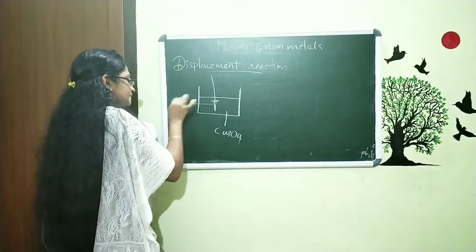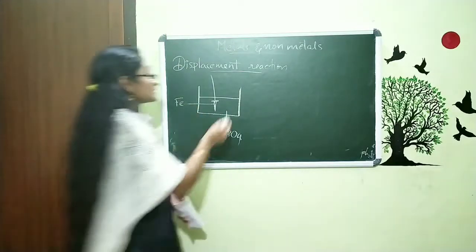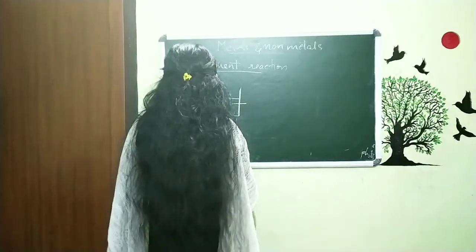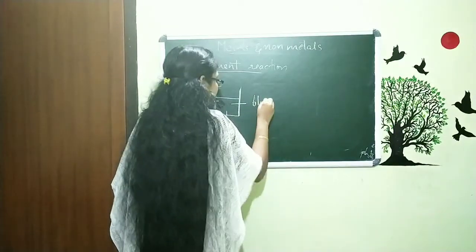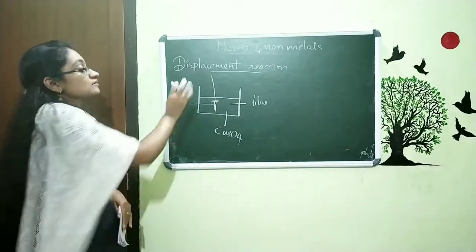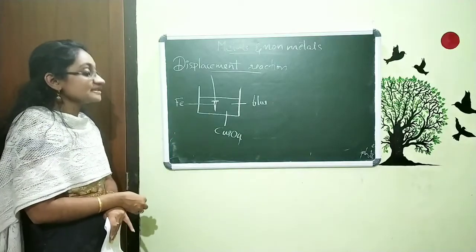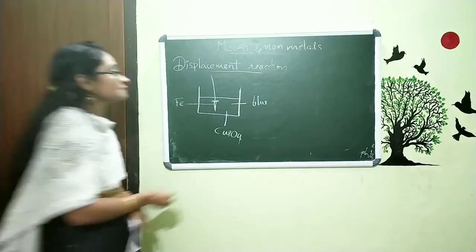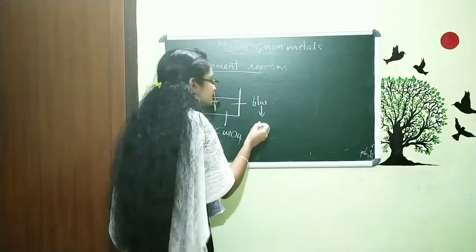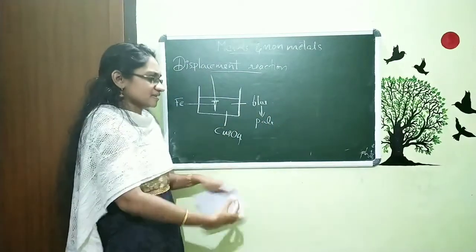That is iron. So at the initial stage, this solution has blue color. After some time, we keep this setup undisturbed, and you can see that this blue will turn pale. That means it will get dim or become colorless.